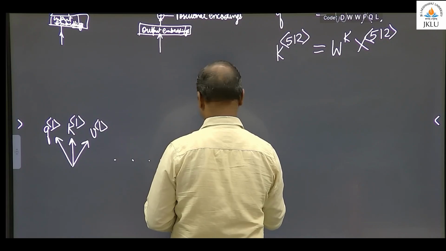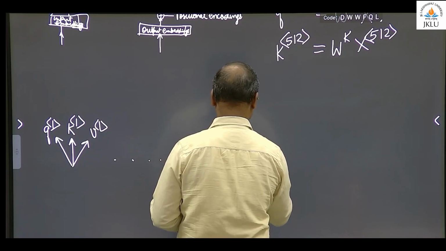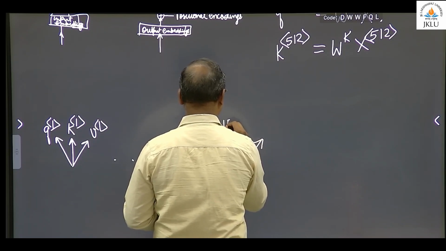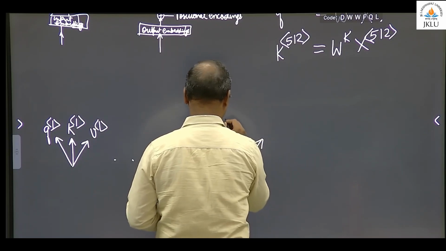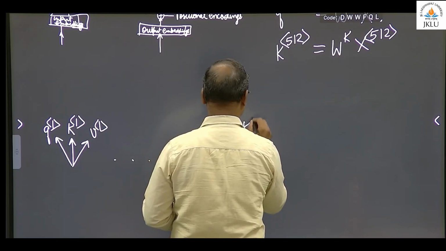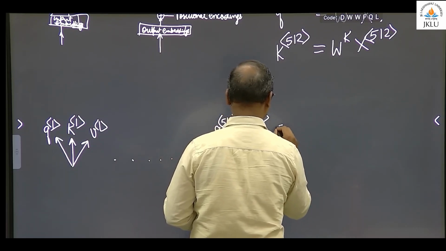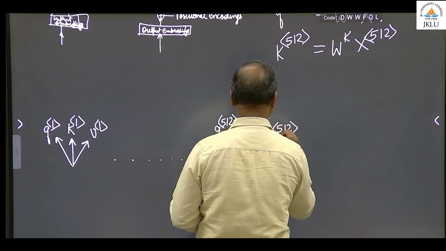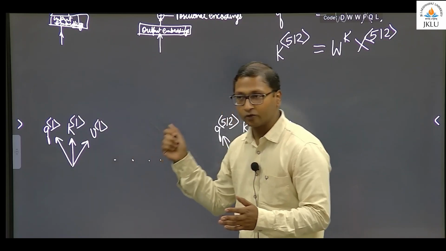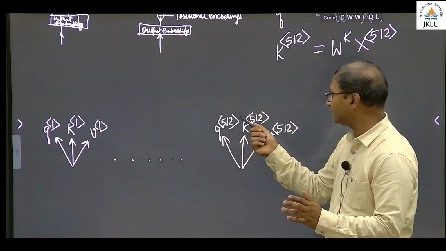I have q512, k512 and v512. I have q1, k1, v1, I have q2, k2, v2, all the way until the end.